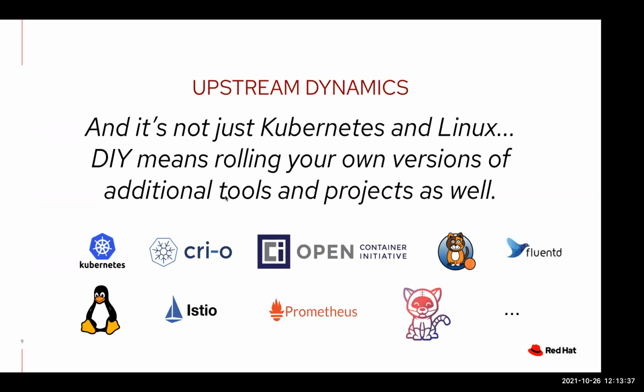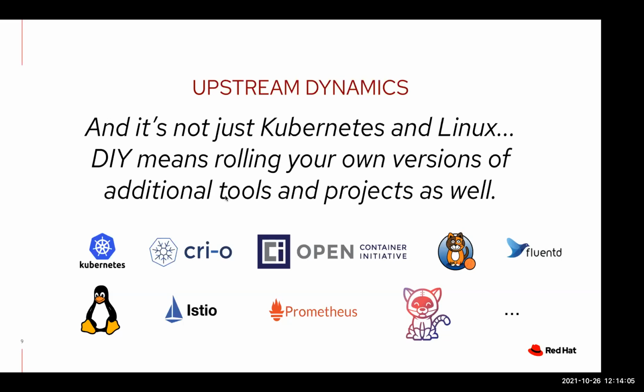And to kind of drive the point home, we work with these different upstream communities, just like we have been for the last 25 plus years with Linux. We're also contributing to all of these other upstream communities. If you think back to that slide with all of the different Kubernetes projects, we work with each of these communities when they are ready to make commits on a specific version of a product.